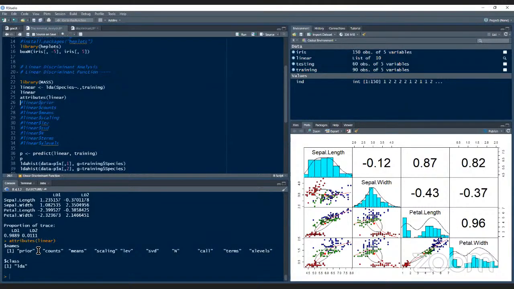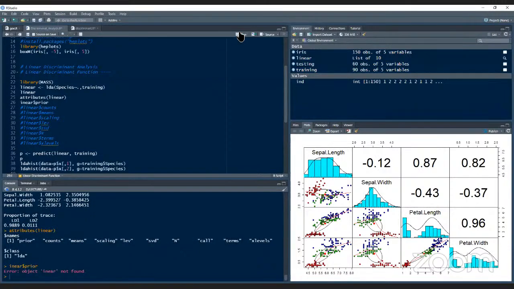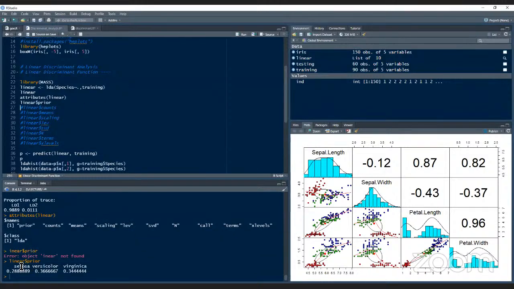Prior means the percentage of observations from each group. If we write linear dollar any of these names, this will give you certain values.